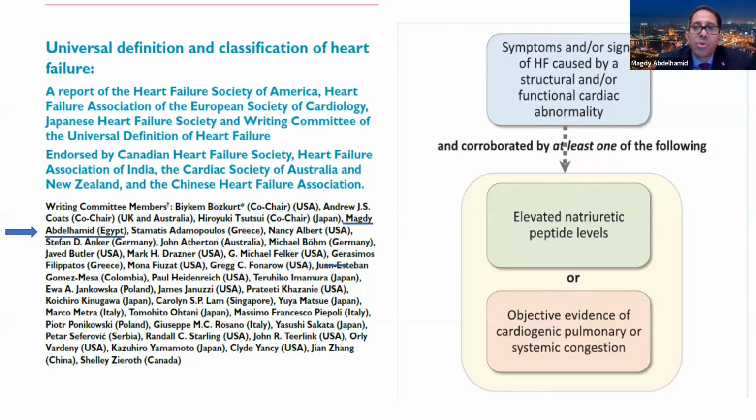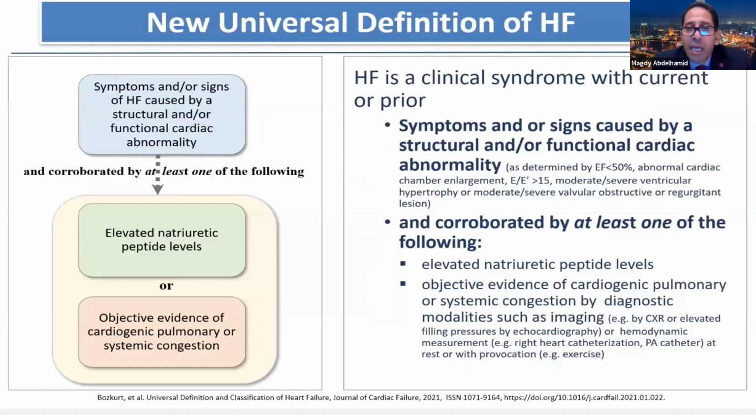So symptoms and/or signs caused by structural and/or functional cardiac abnormality. These abnormalities can be seen by echo in the form of low ejection fraction, abnormal cardiac chamber enlargement, E over A prime more than 15, moderate to severe ventricular hypertrophy, or moderate to severe valvular obstruction or regurgitation.